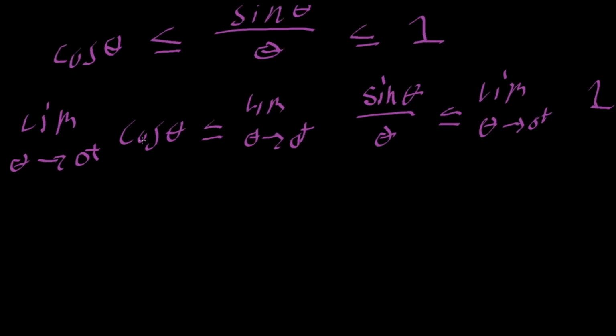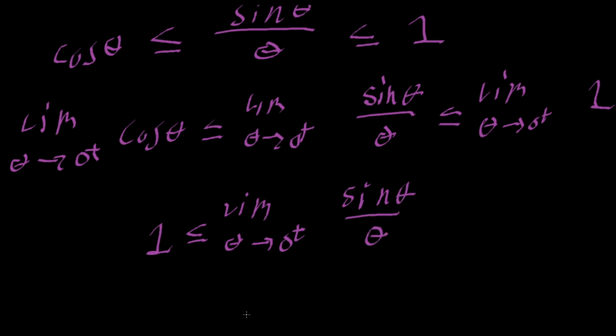The limit as theta is approaching 0 plus of cosine of theta, we can just plug in the 0 because cosine of 0 is defined. We have that 1 is less or equal to the limit as theta is approaching 0 plus of sine of theta over theta.